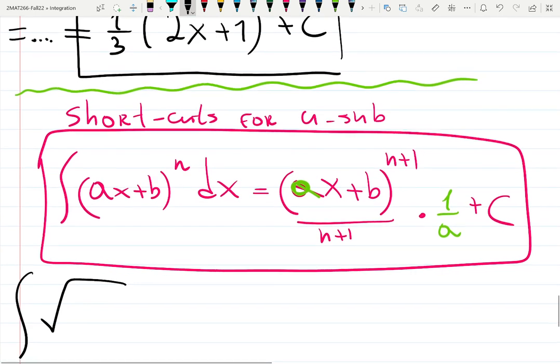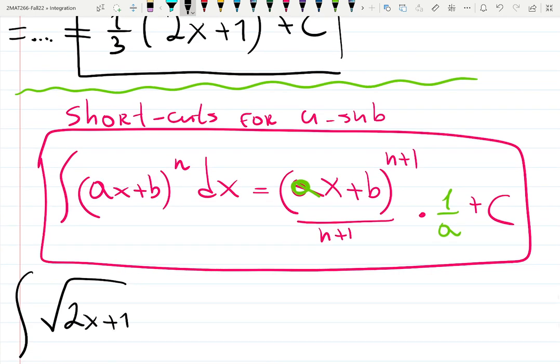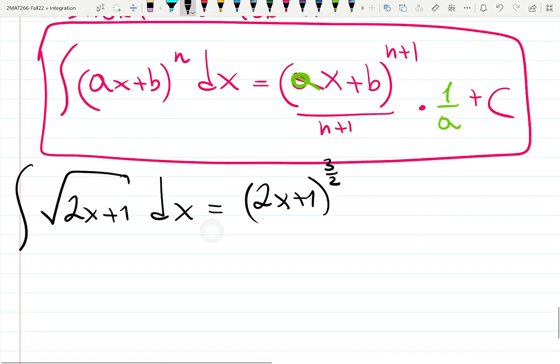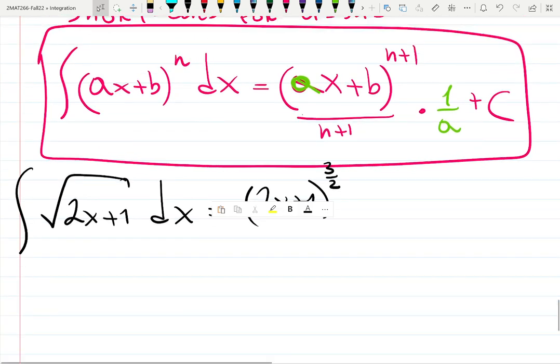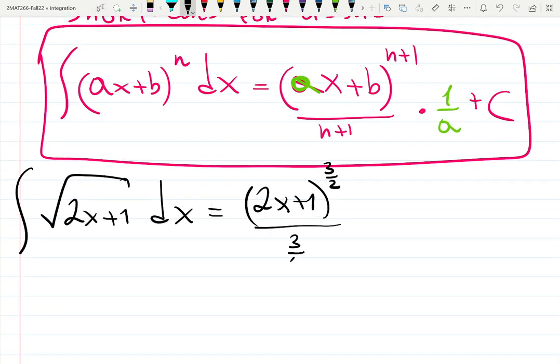We have 2x plus 1 dx. Well, n is 1/2 then. So it's going to be 2x plus 1 to the 1/2 plus 1, which is 3/2, divided by 3/2. And then you don't forget to divide by the leading coefficient, which is 1 over 2.